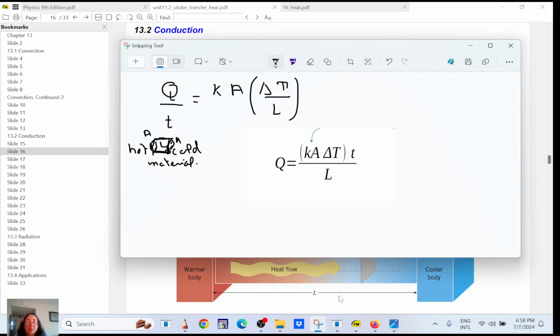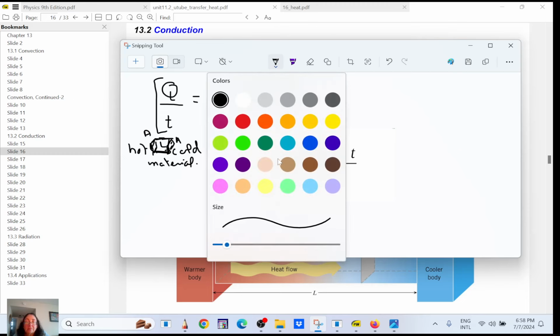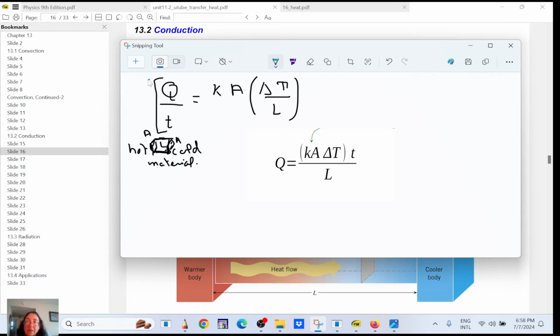So let's look at the units. Q is in joules, and time is in seconds. So Q over t is how fast energy is flowing, and the unit is watts.